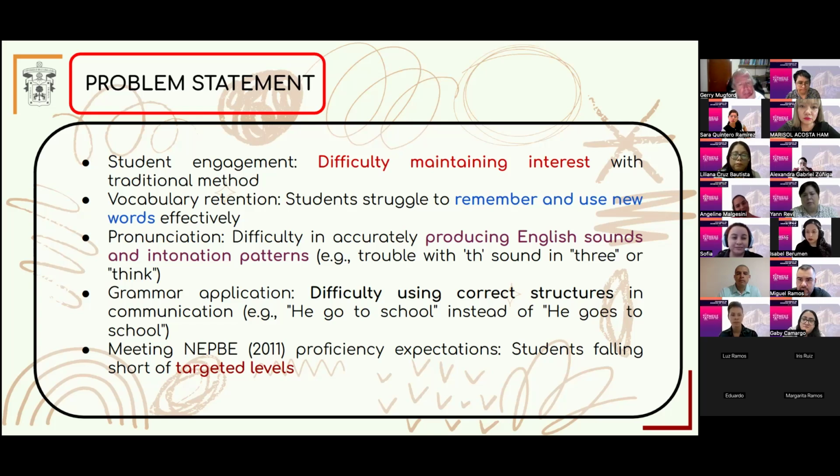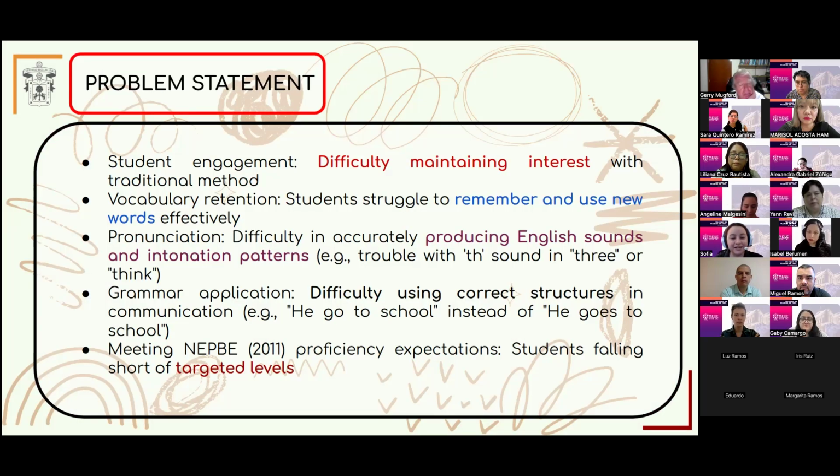We rely on exercises like dictations, etc. During lessons, it has been observed that students struggle with vocabulary retention, often unable to remember and use new words effectively. Pronunciation is another challenge, especially with sounds like the th in words like things or three. Grammar application is another problem, with students making errors like saying he go to school instead of he goes to school.